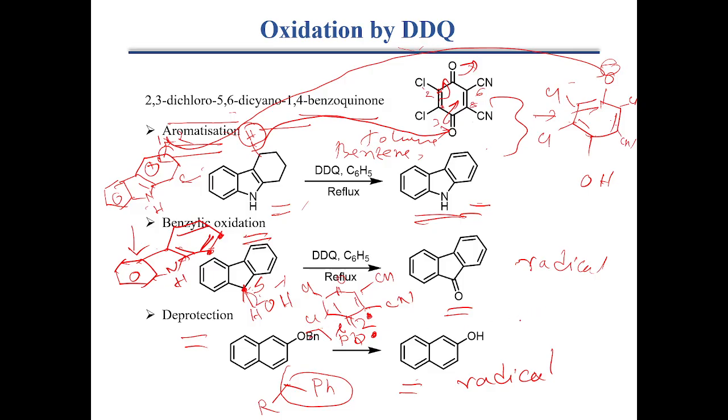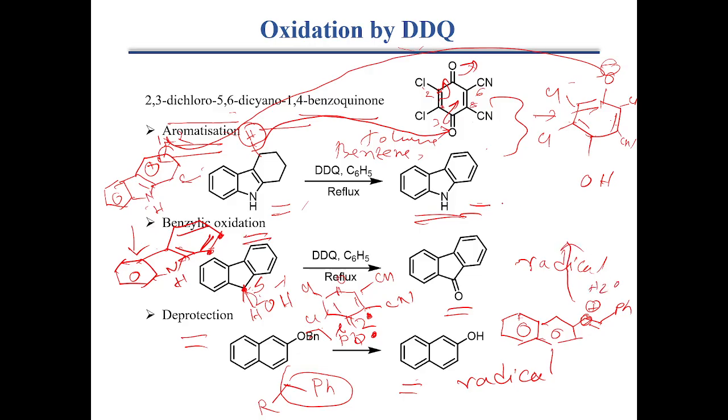An oxonium ion will form, first through single electron transfer by the DDQ. This oxonium ion is formed first, and it is quenched by water.